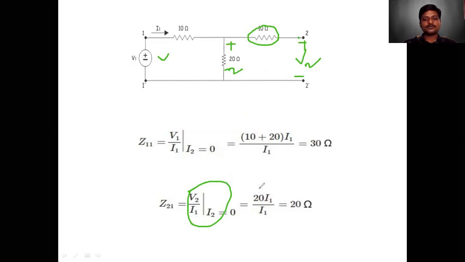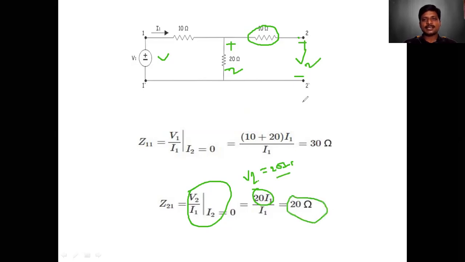So here, what is the voltage across the 20 ohm resistor? Using Ohm's law, V2 is equal to resistance into current. So resistance is 20 and current is I1. So 20 into I1 is V2. Therefore, if you substitute 20 I1 here, 20 I1 by I1 will give you 20 ohms.